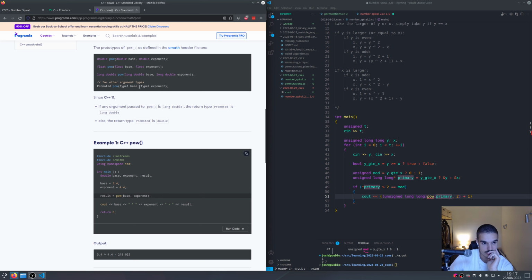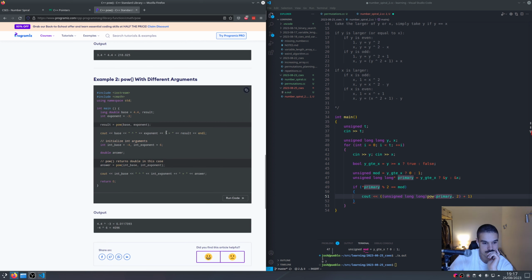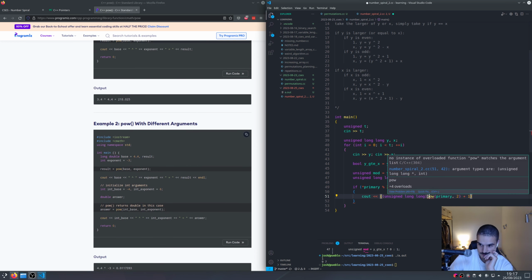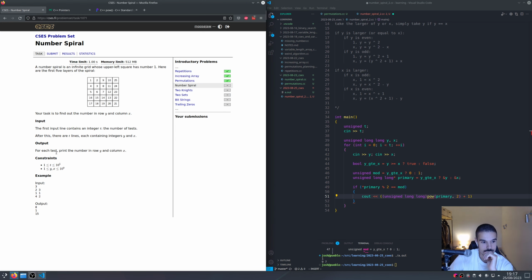Do double float. Because squaring a number that is 10 to the power of 9 might not be smart.